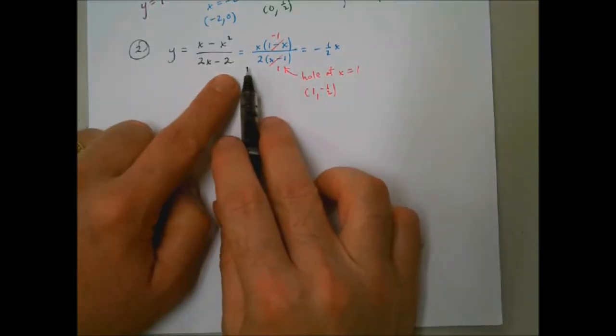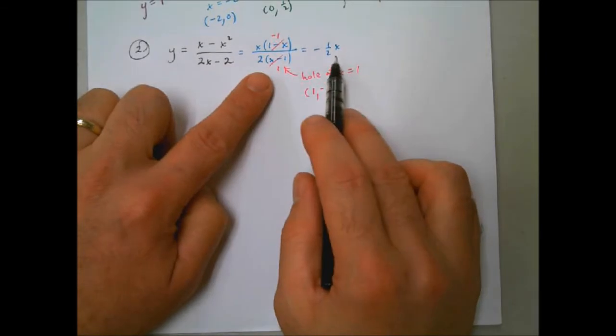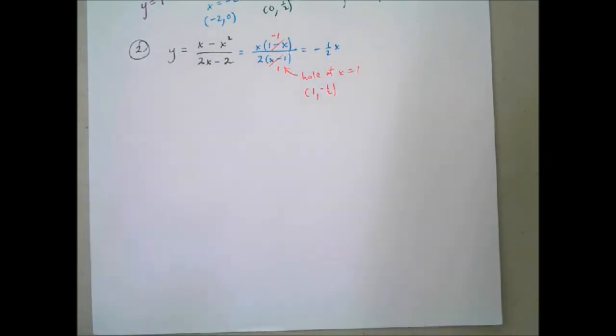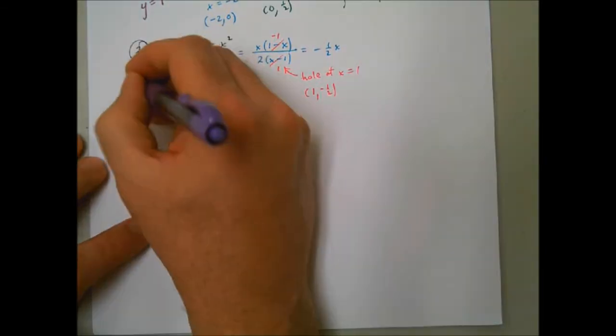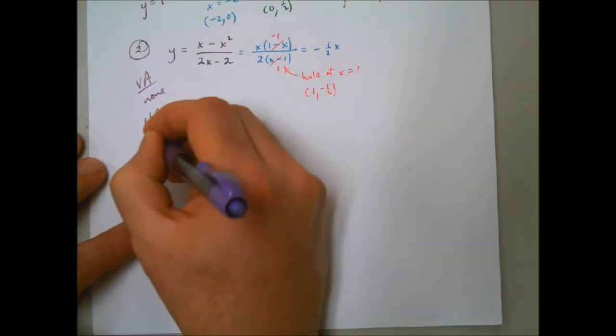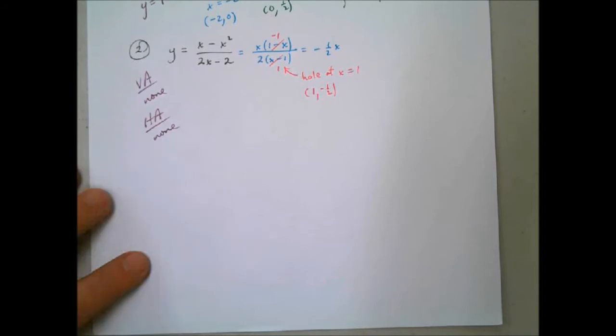Now, here's something else that happened. Do I have any x's left in the denominator? No. Now, in the previous lesson, I mentioned to you that if there are no x's left in the denominator, there can be no asymptotes. So, vertical asymptotes? None. Horizontal asymptotes?